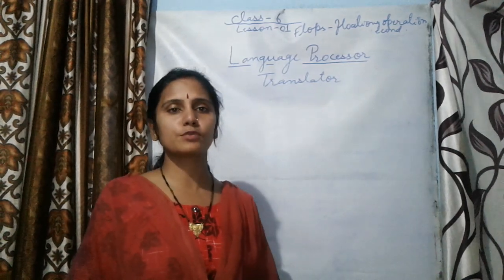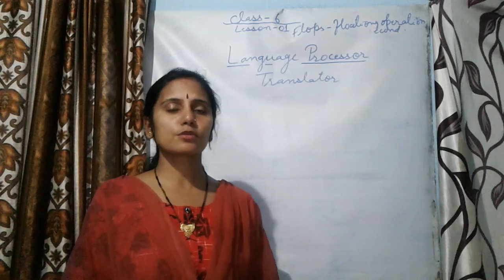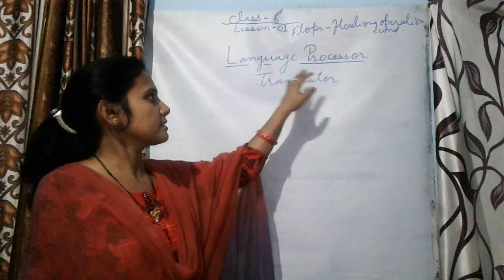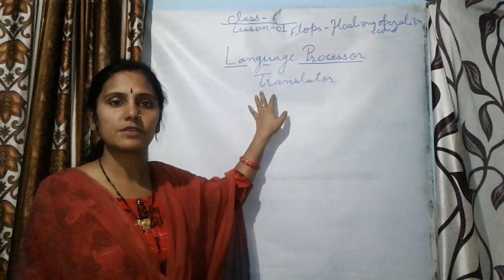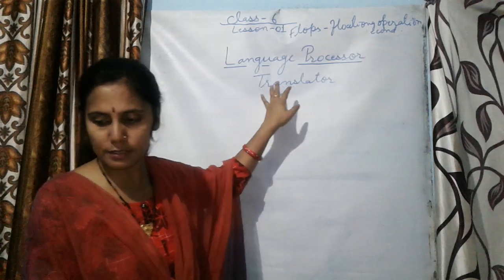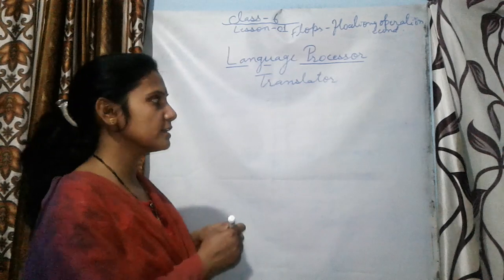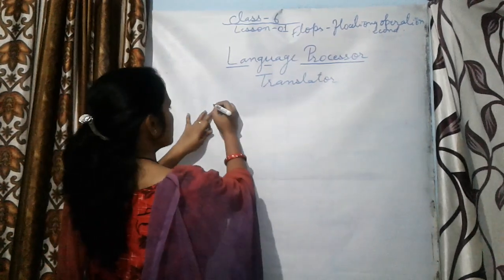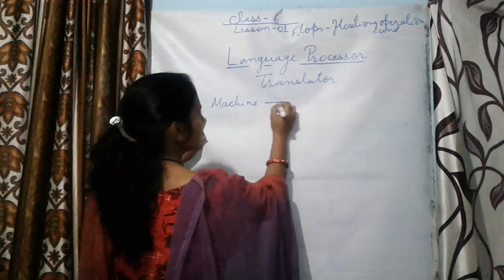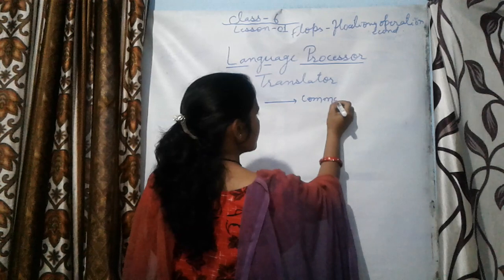Same as in a computer. Computer also feels the difficulties. So programmers developed a machine that is called a processor. Processor, that means a translator. A translator is a language processor that converts machine language into common English language.